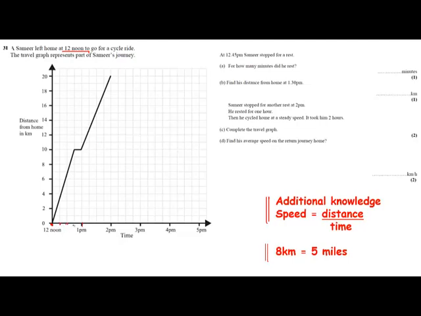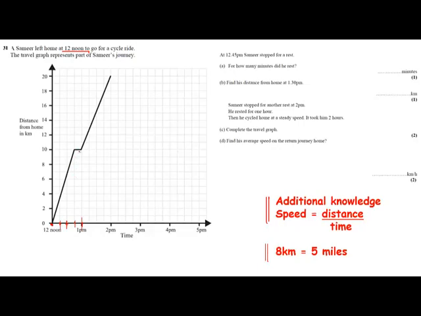This scale here, from 12 noon to 1 o'clock, is split up into 4 sections. So that's going to be 12:15, that's going to be 12:30, that's going to be 12:45, and that's 1 o'clock as indicated there. So in the question they said at 12:45, go up to the graph, Samir stopped for a rest.